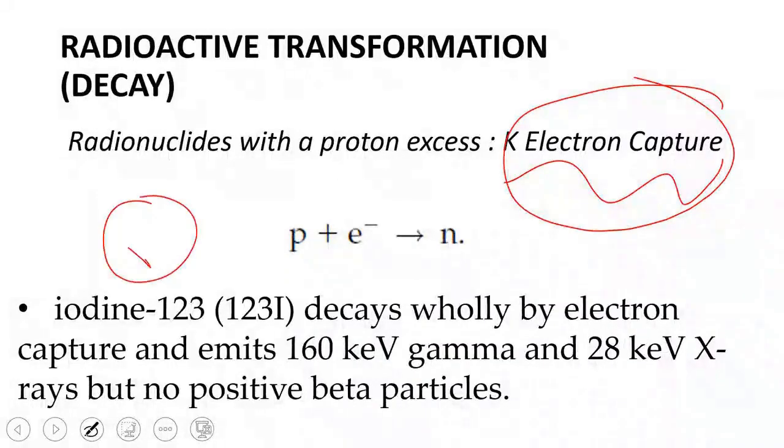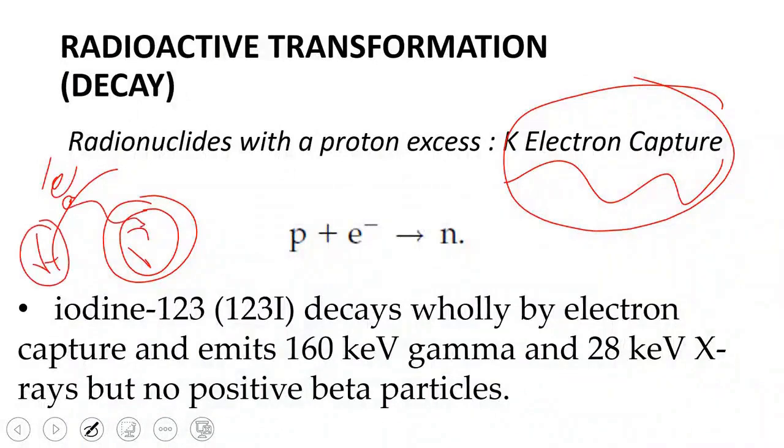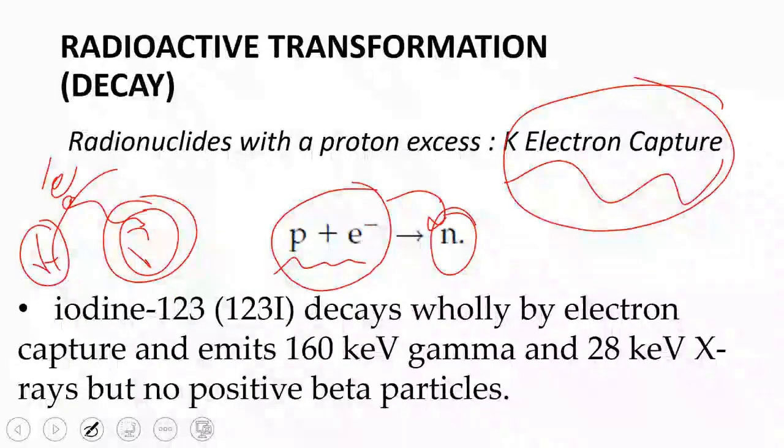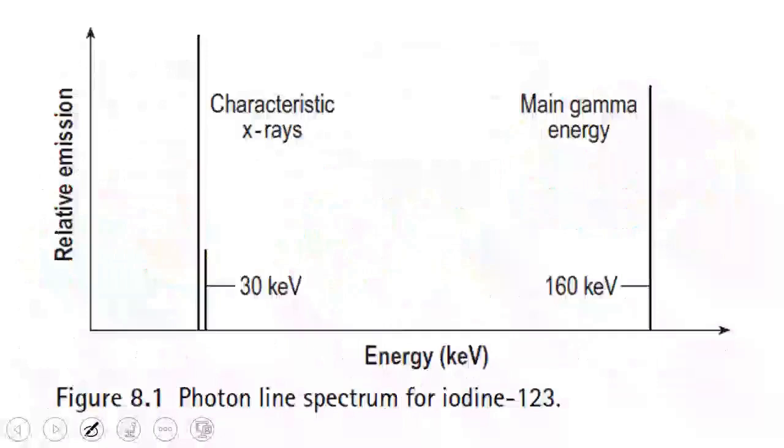It was mentioned that there is another process called electron capture, where you have a nucleus with a high number of protons. The positive charge inside the nucleus, when it becomes very high, especially with heavy atoms, meaning a high atomic number, creates an attractive force on the electron present in the shell, pulling it in. When it pulls in the electron, it transforms into a neutron. This neutron, if it stabilizes the nucleus, is what electron capture is about. If we imagine this electron capture, let's think about it.